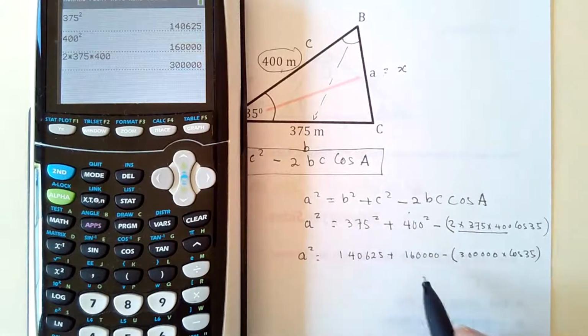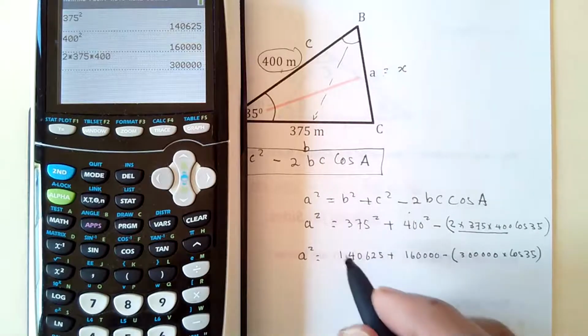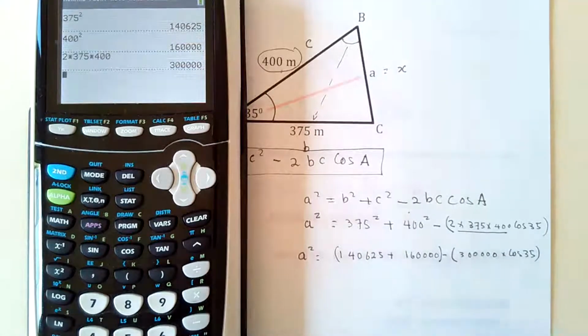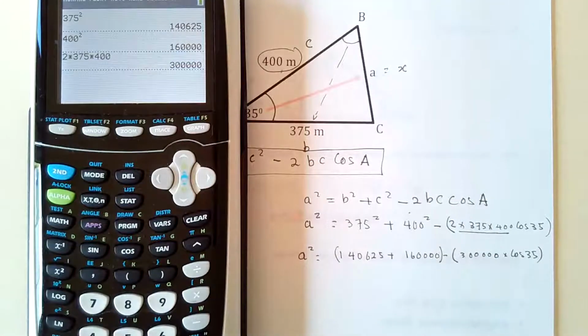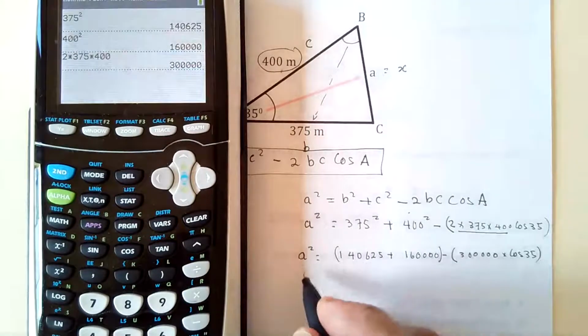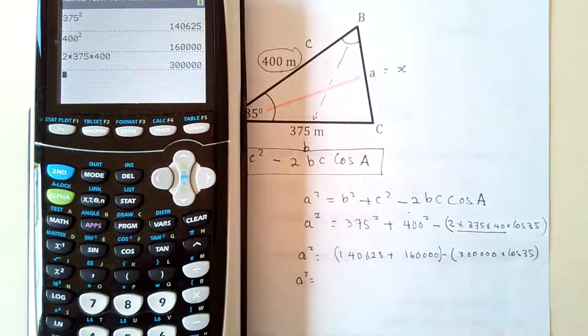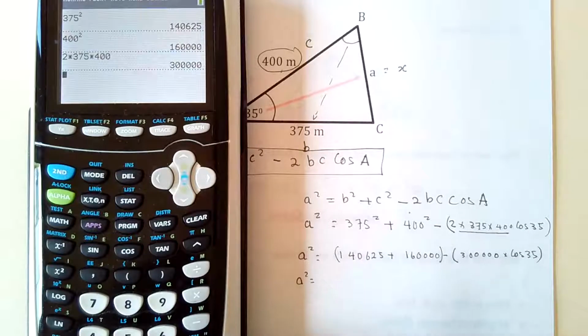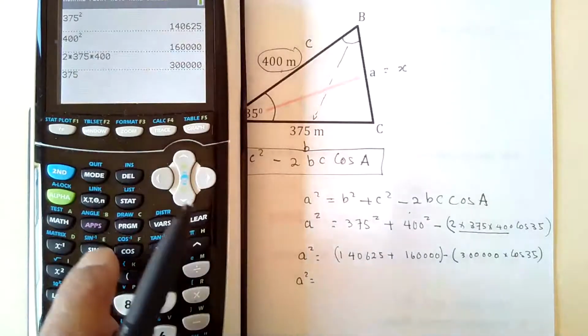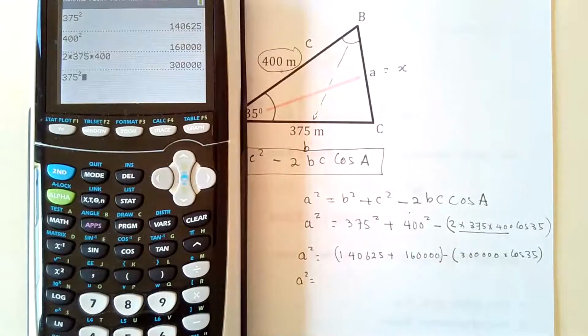And I will simplify the b squared plus c squared. You don't have to do it the long way, but I'm just showing you step by step at this stage how to do the calculations.